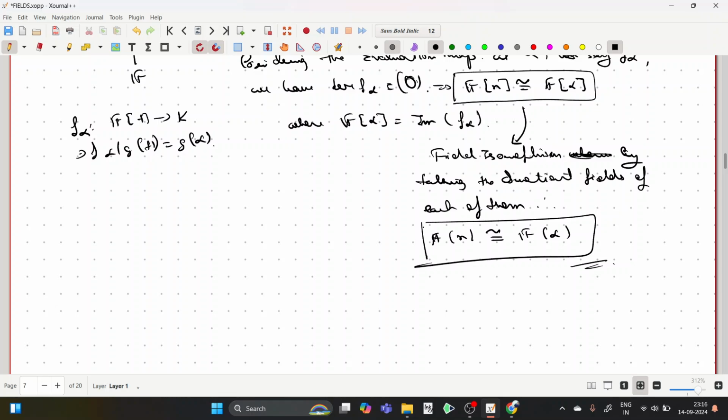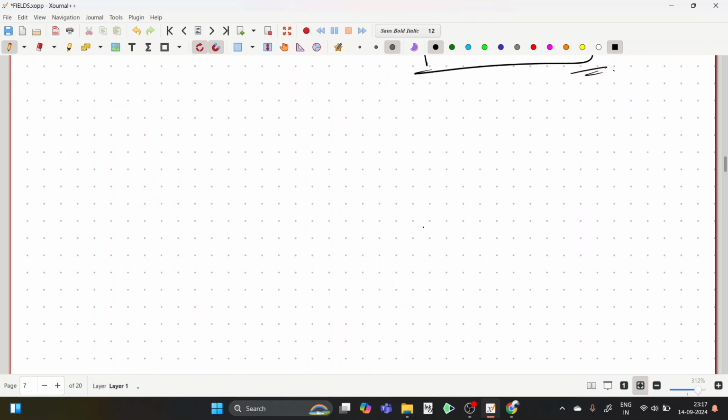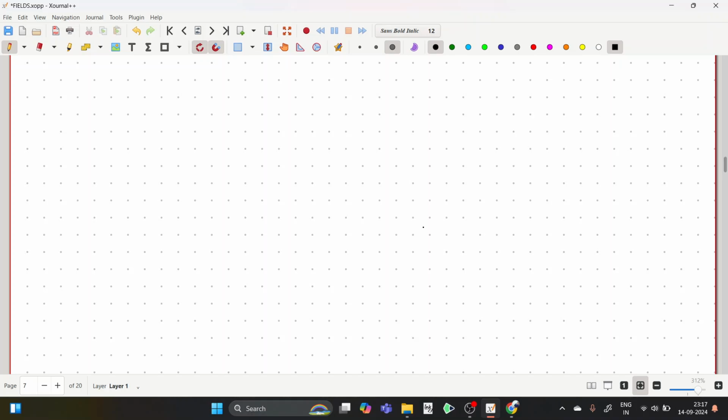Now I should discuss some things before moving on to the next lecture, which I'll probably provide by the next class. Since I have given a brief introduction to what a degree of extension is, I should give some tools which will make it easier for us to discuss this in the next lecture. So let me frame it as a proposition.